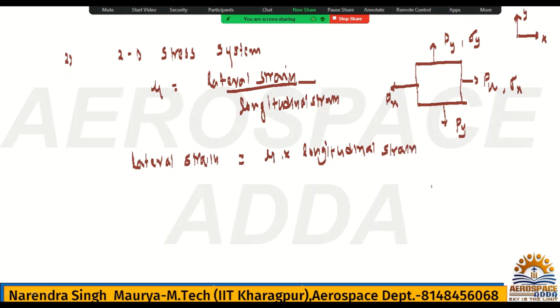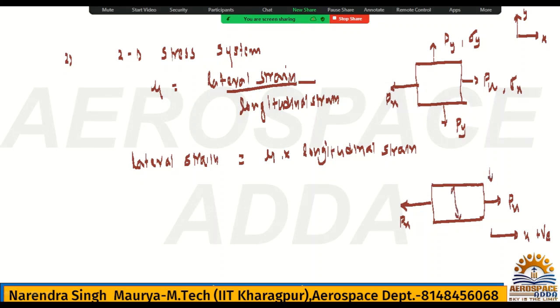Now just think about this diagram. Suppose for this diagram the tensile load is acting in this direction, which is nothing but the x direction, because of this tensile load Px. So in the x direction the elongation will be positive, but at the same time in the y direction the width will be decreasing.